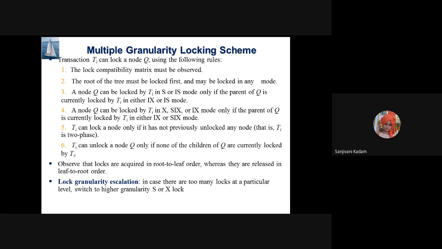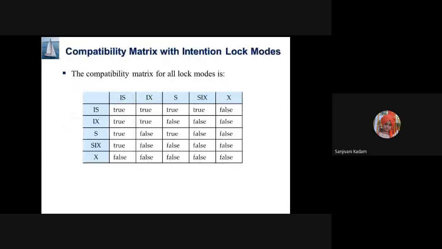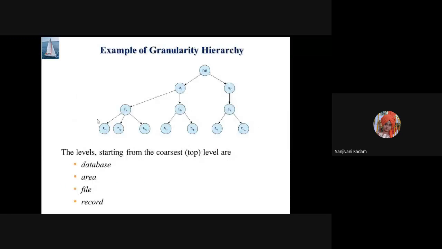This explanation says that if we want to access fa, then whatever A is there needs to be locked in shared or intention shared mode. Then for the lower levels, there we can go for intention shared and intention exclusive locks.